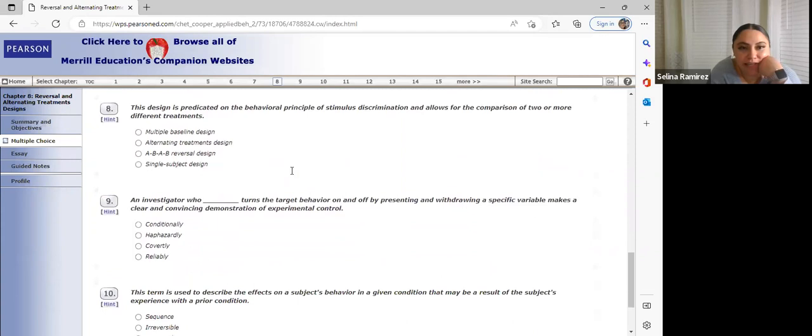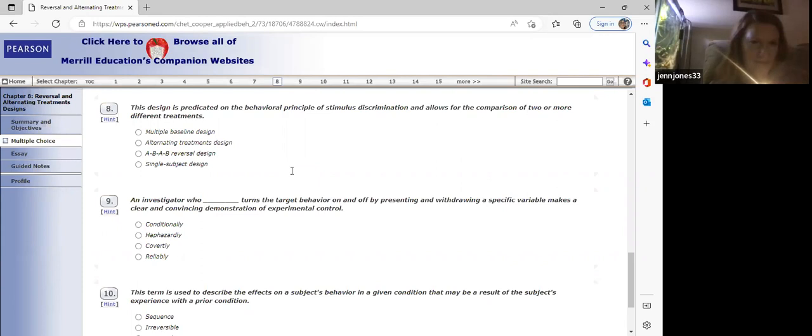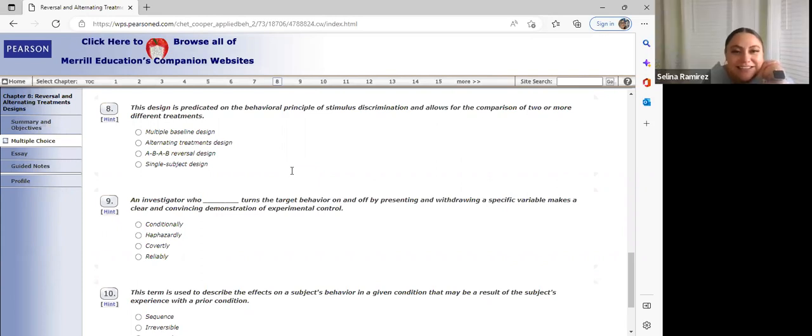Okay, number 8. This design is predicated on the behavioral principle of stimulus discrimination and allows for the comparison of 2 or more different treatments.